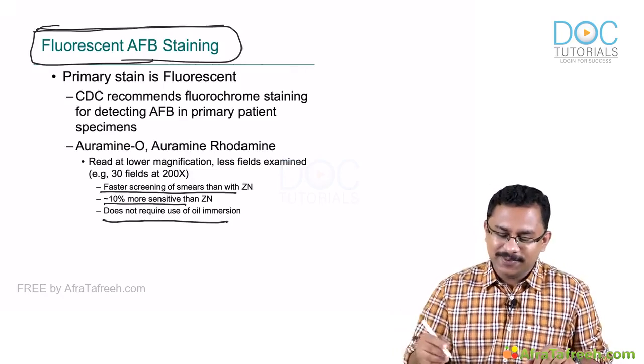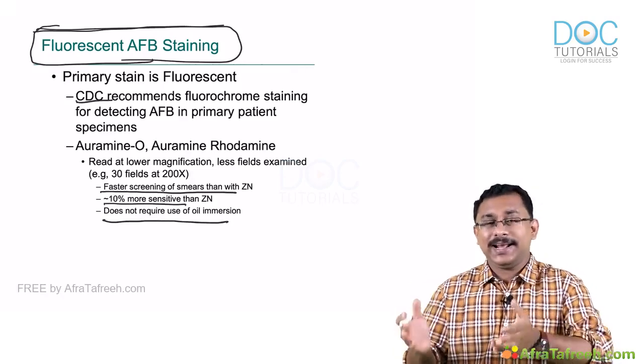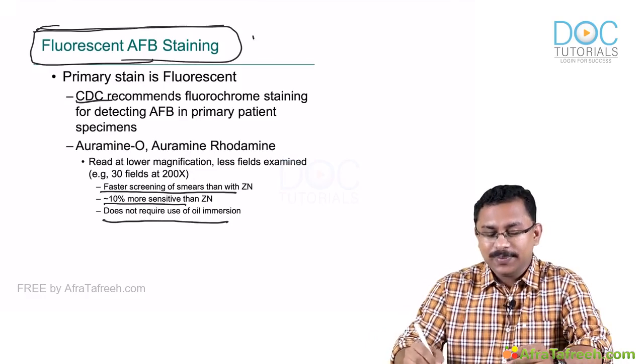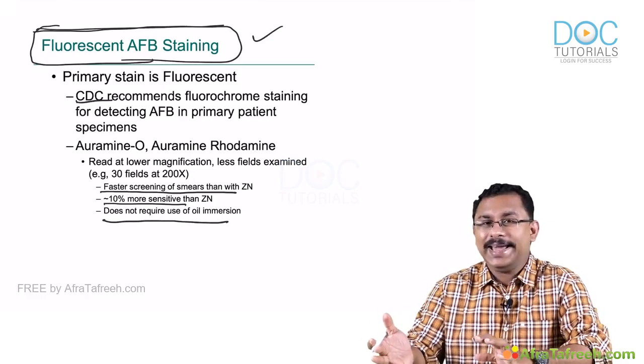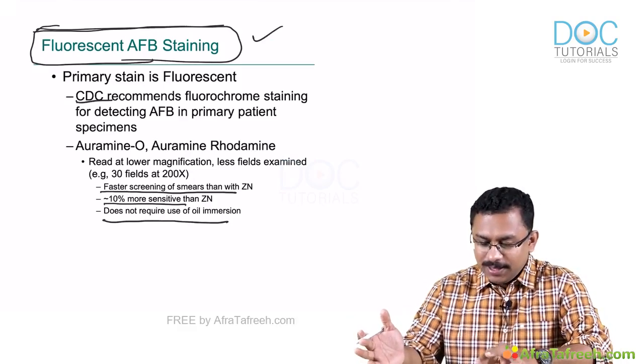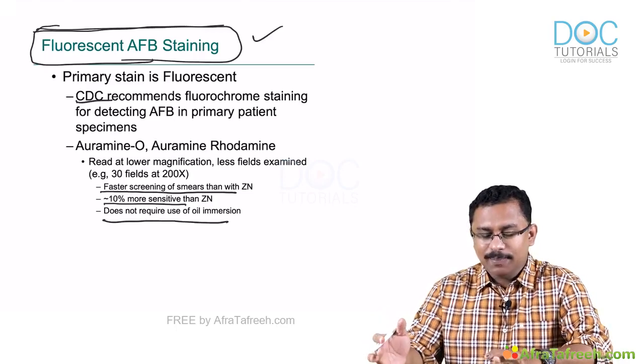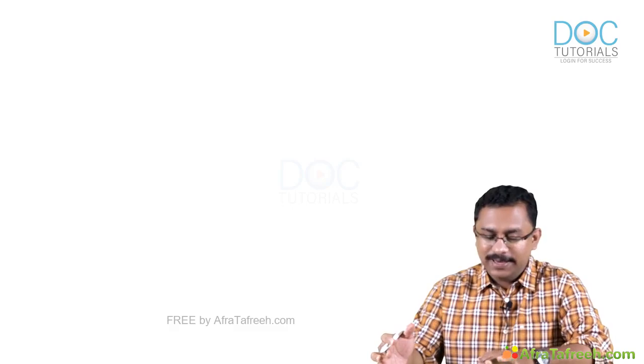Okay, it is more sensitive. Again, it is recommended by the CDC as well. So you can go for a fluorescent AFB stain. Okay. All right. So that is it about the sputum smear microscopy. So you are very clear about the sputum smear microscopy.